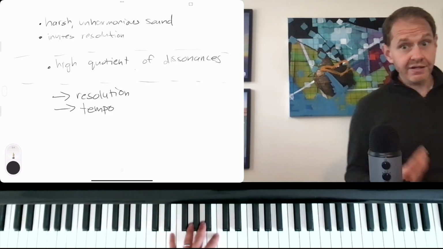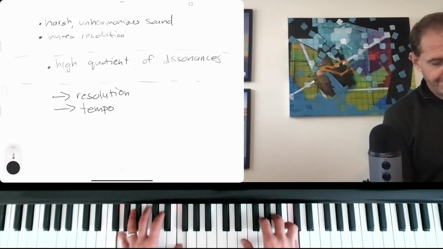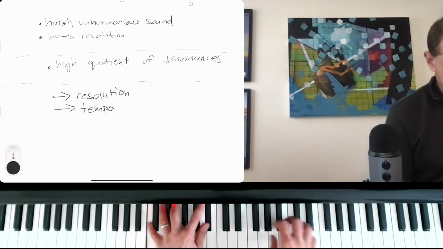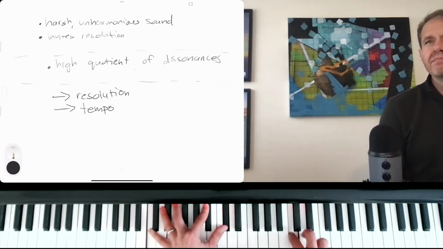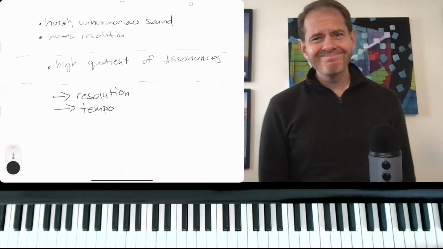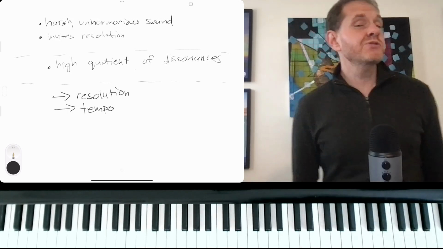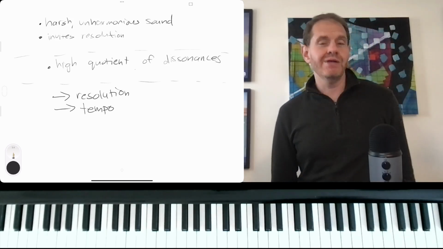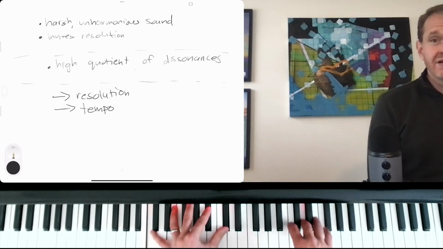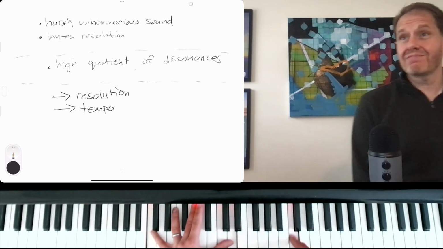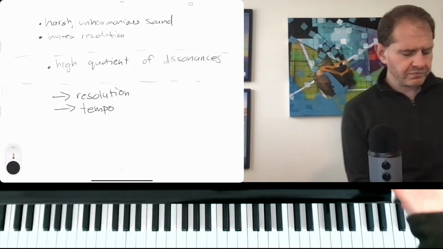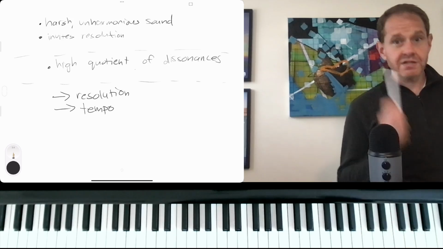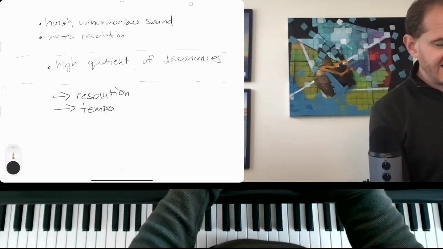But in a ballad, this might become a problem. Your soloist might be upset with you for playing that flat 9 in a ballad. So if I hear that, then I resolve it. Okay, resolution, tempo, simultaneity.